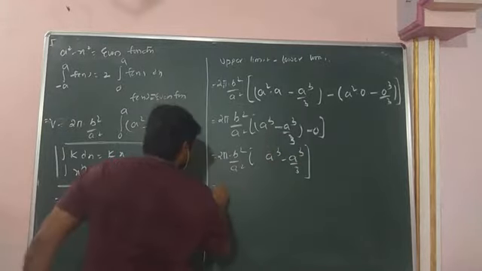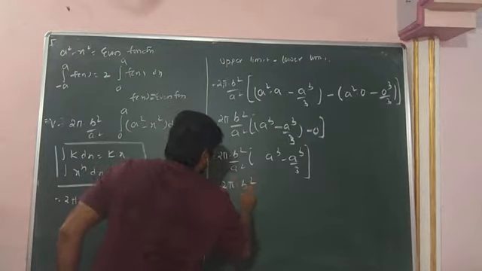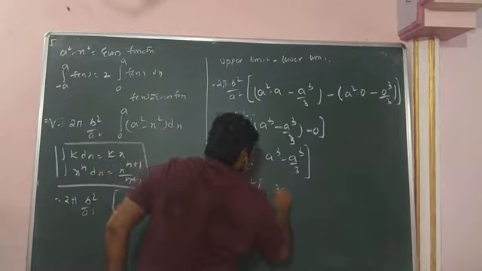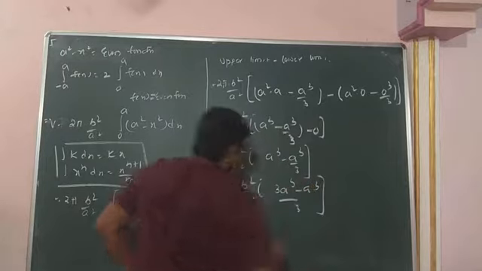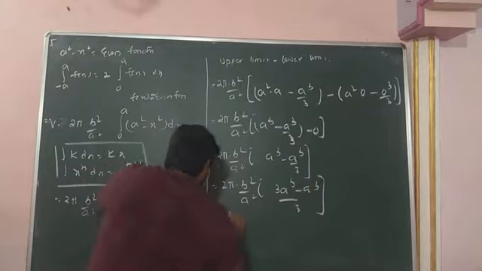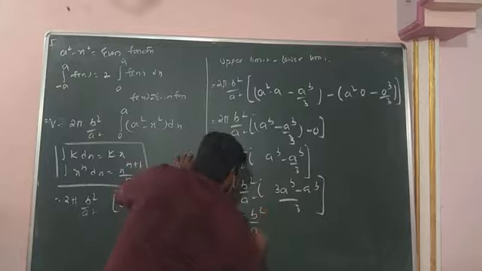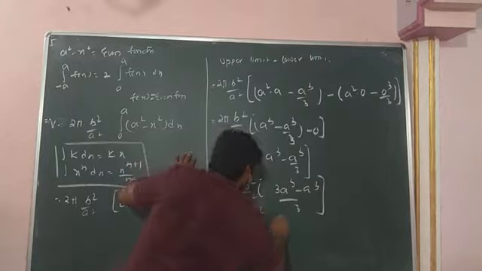So we take the LCM. We get 3a cubed minus a cubed by 3. So therefore 2 pi into b square by a square into 3a cubed minus a cubed, nothing but 2a cubed by 3.